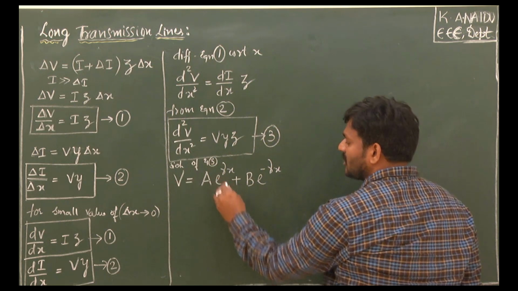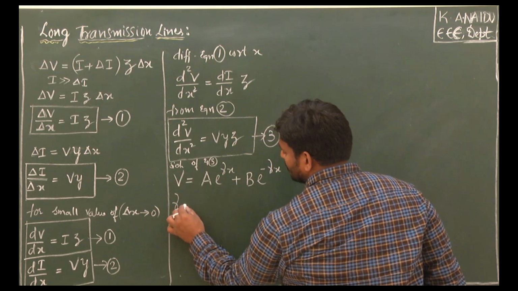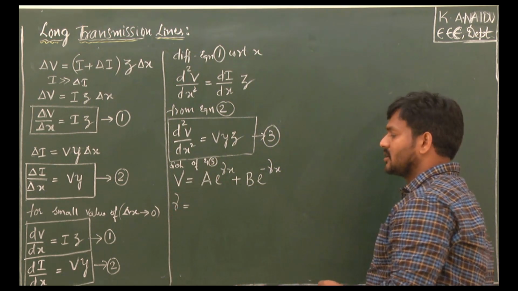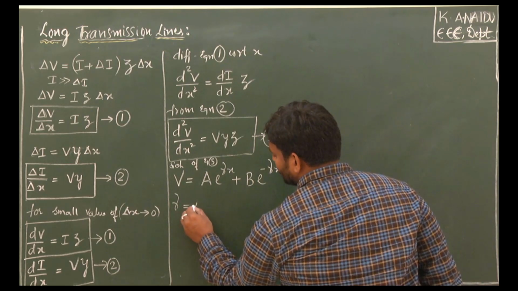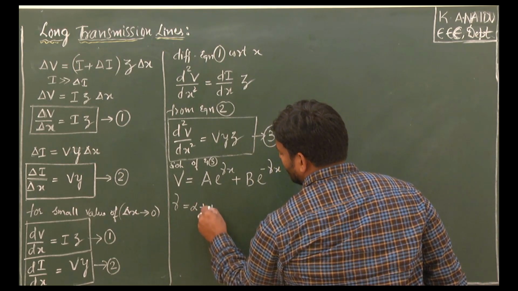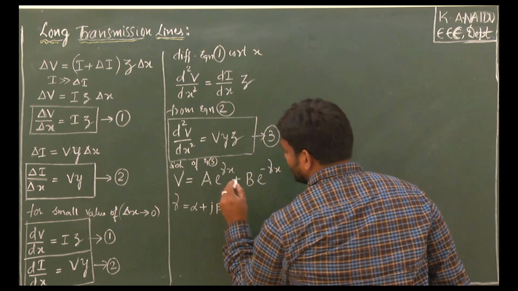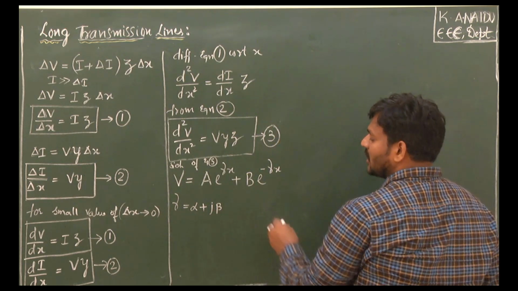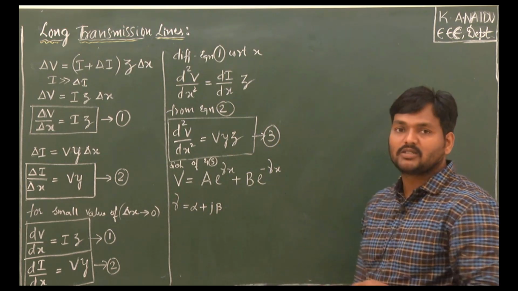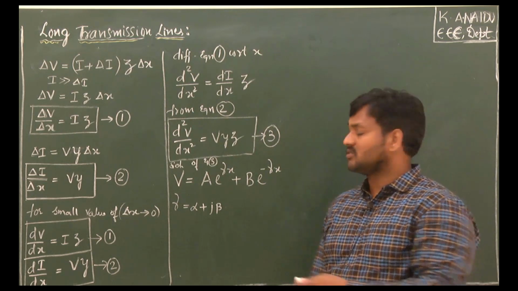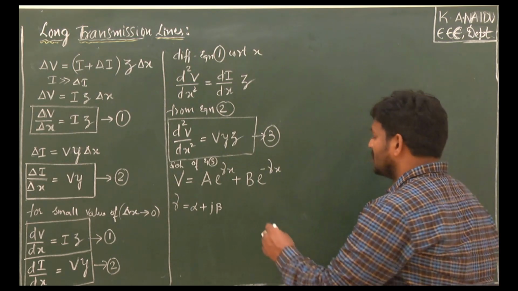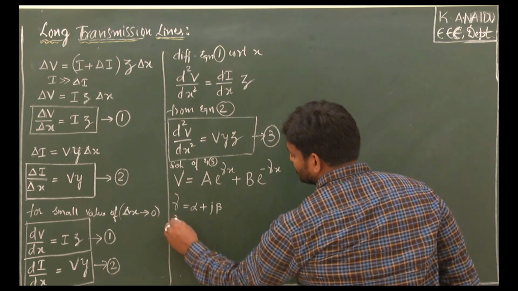Now here what is gamma? Gamma is called a propagation constant. It is a complex number. It is given by alpha plus j beta. Gamma is equal to alpha plus j beta. We will study in the traveling waves in detail about gamma.